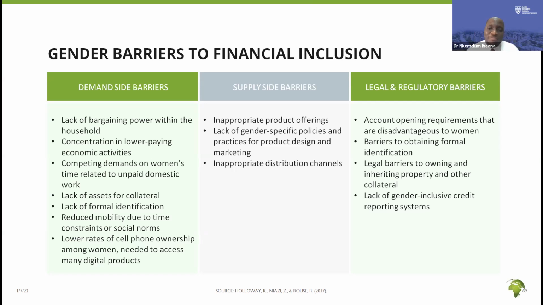You also have barriers to obtaining formal identification. You have legal barriers to owning and inheriting property and utilizing this property as collateral. You also have lack of gender inclusive credit reporting systems that highlight the gender gaps in access to credit in most of these markets. So these are some barriers that I think it's important we are aware of and mindful of. Next slide.